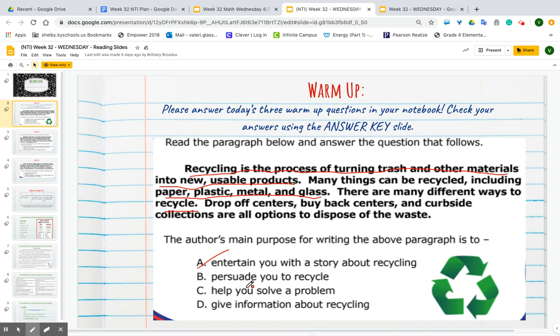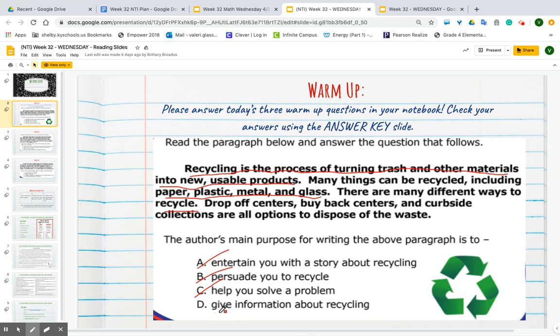So if we look down here, we automatically know that it's not to entertain us. Okay, and then we look at persuade you to recycle. If it was a persuasion, it would be saying things like, in my opinion, or the author would be stating a claim. For instance, it might say, recycling is important, you need to recycle, but it's not doing that. Help you solve a problem. Well, recycling does solve some problems, but it is not talking about that in this passage.